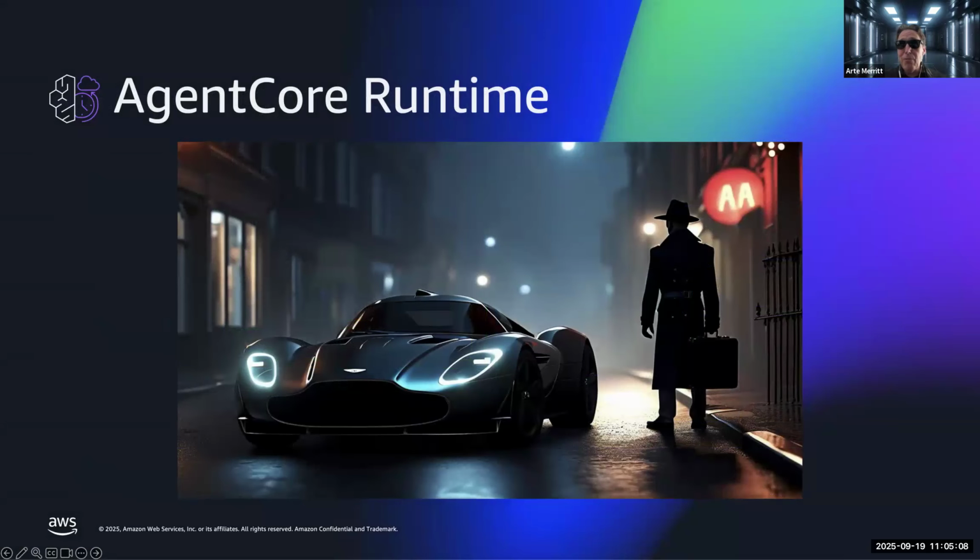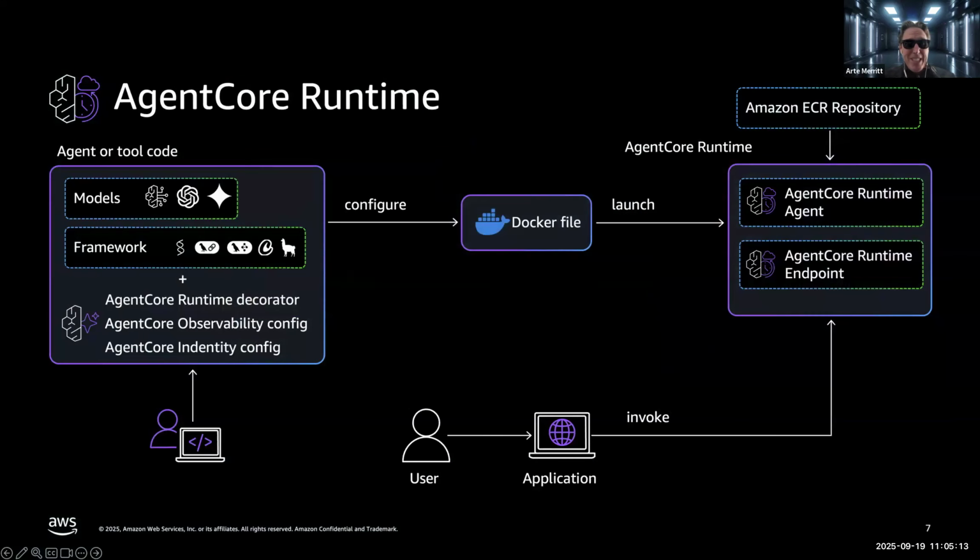First up is the runtime component, and that's exactly what it is. This is how you can deploy and run your agent. All you would do is containerize your agent. You can use any framework that you like, any model that you like. Obviously, we like folks using Bedrock models.